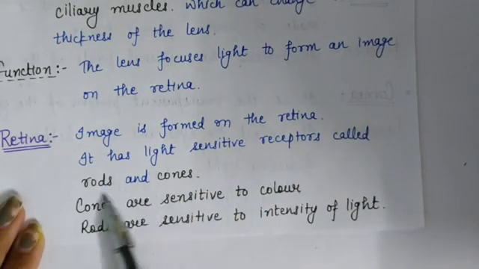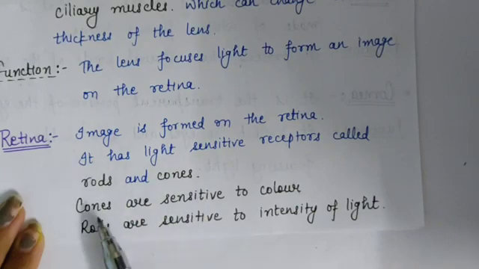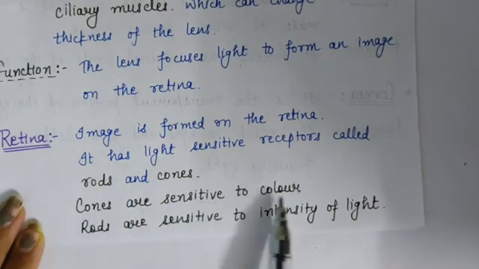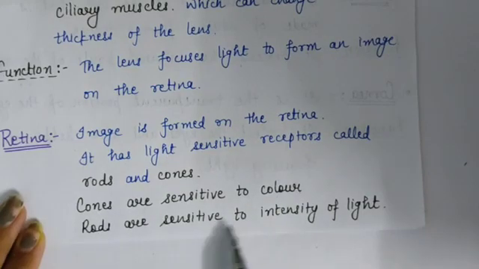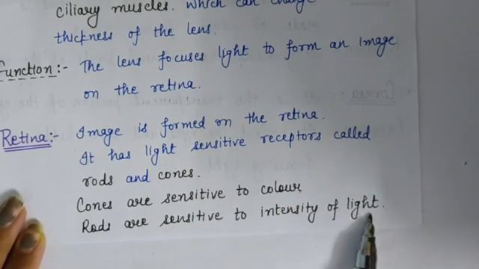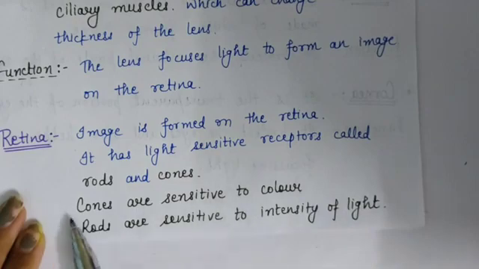Now what is the function of rods and cones? Actually cones are sensitive to color, and rods are sensitive to intensity of light. So these are the functions of rods and cones and they are present in the retina.